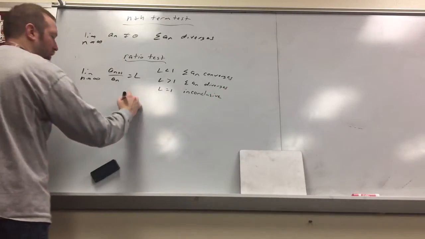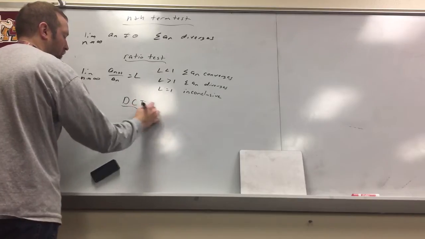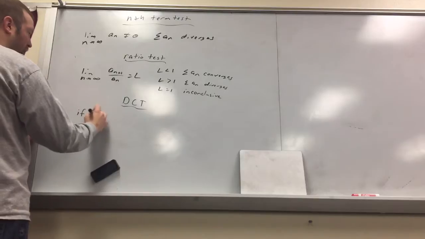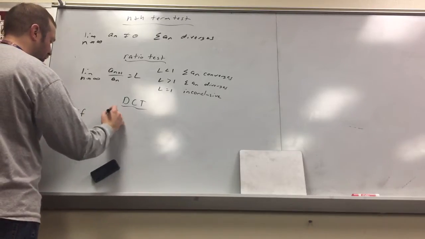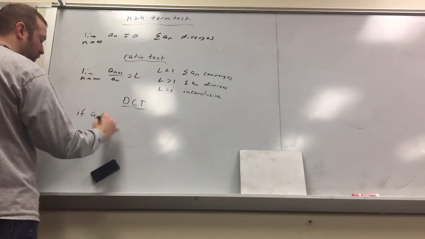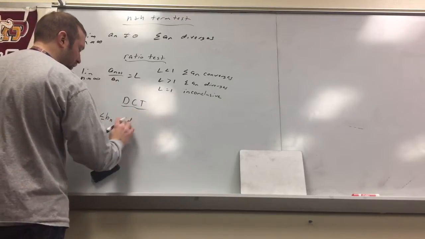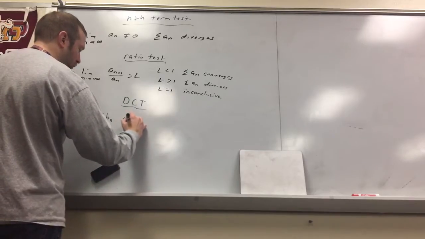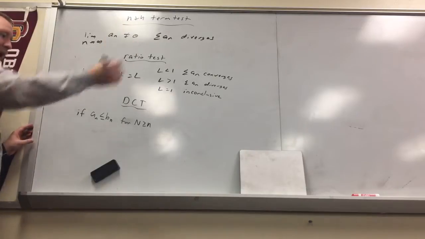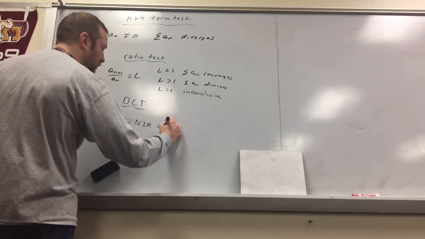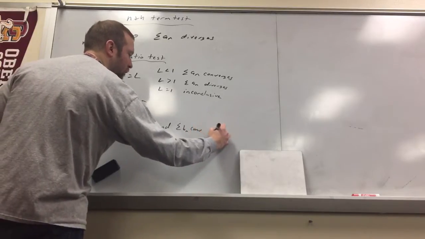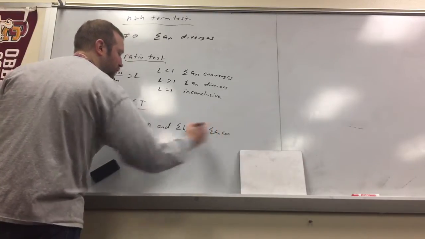Okay. We got our DCT, or direct comparison test. If b sub n is always greater than or equal to a sub n, for n greater than or equal to capital N, so for some n value and on, and b sub n converges, then a sub n converges.